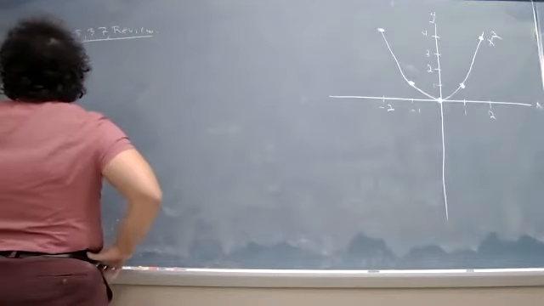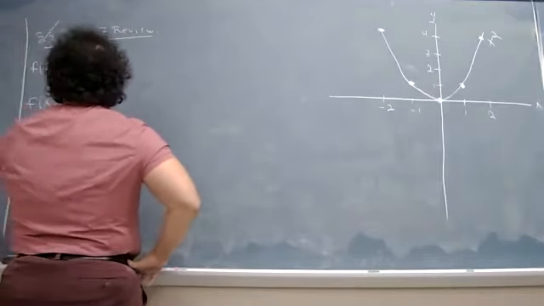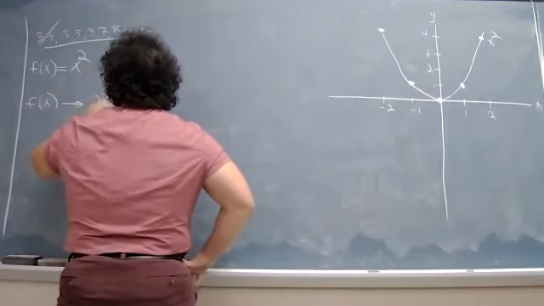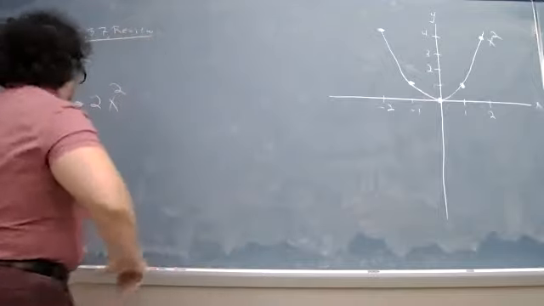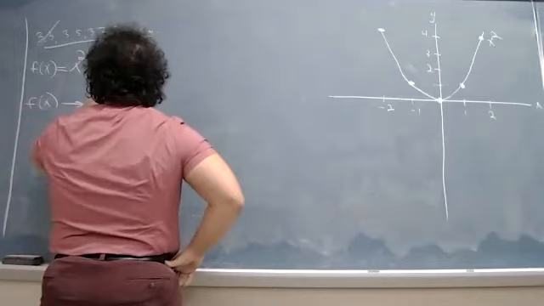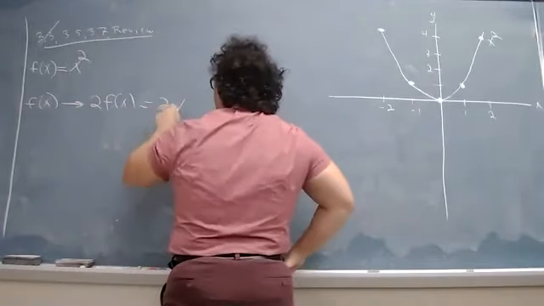So what happens when I take our f of x and change it, let's say we multiply it times a number. Let's say 2x squared. Meaning, we multiply 2 times f of x, which then just results in 2x squared.